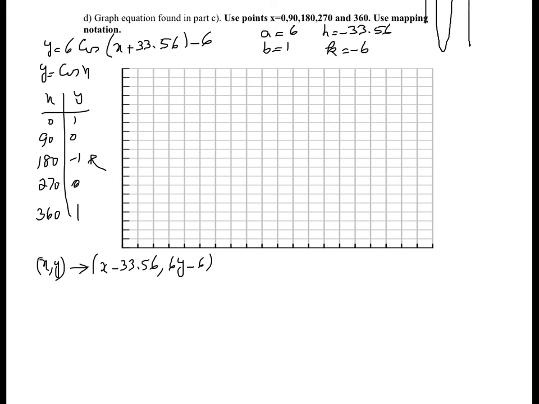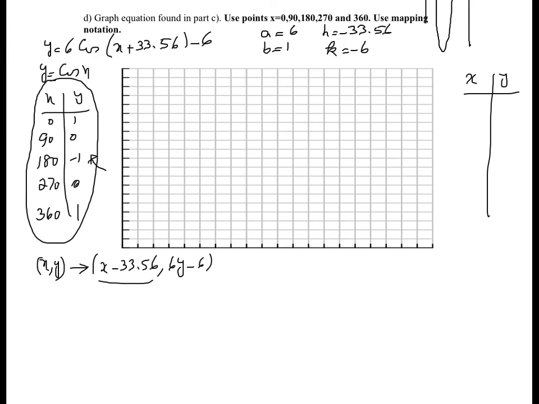So let's do the transformation on this table of values. We are going to get the following table of values. When x is 0, putting x is 0 in this equation becomes negative 33.56.